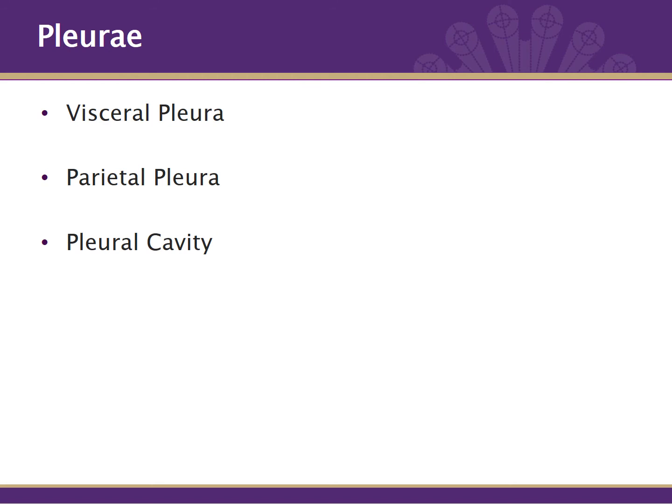Pleurae. Lungs also have a protective covering. They have a visceral and parietal pleura, which should sound somewhat familiar after our heart discussion. The visceral pleura is a serous membrane that covers the surface of the lung.